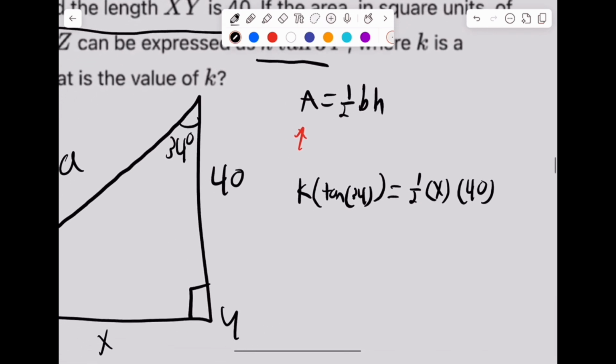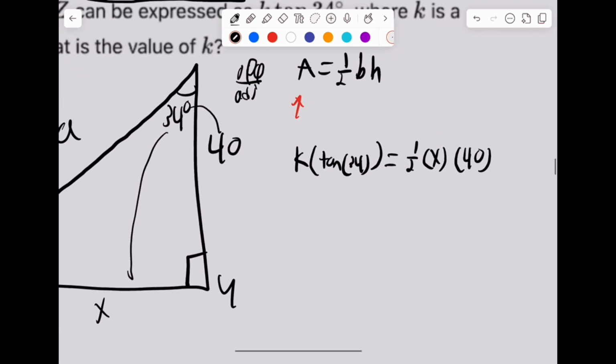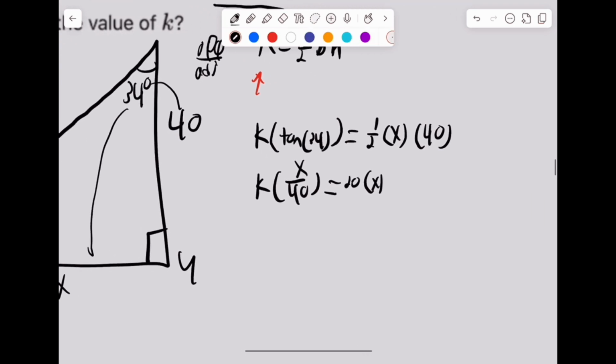So from geometry class, if you remember, tan of 34 is opposite over adjacent. Therefore, we're going to get x over 40, giving us K of x over 40 is equal to 1/2 x times 40, which simplifies to just 20x.